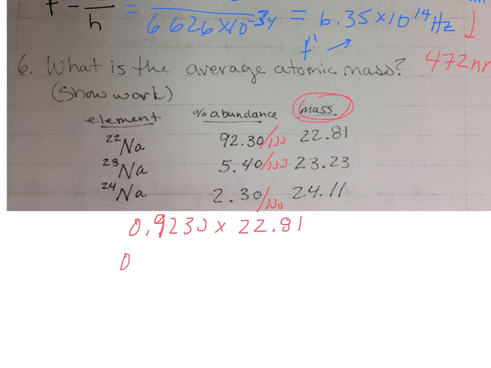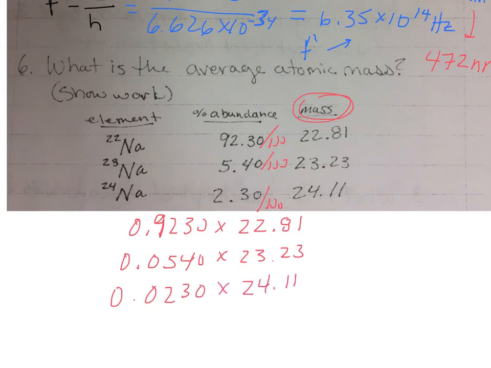Then I'm going to take the 0.0540 times 23.23, and I'm going to take 0.0230 times 24.11.